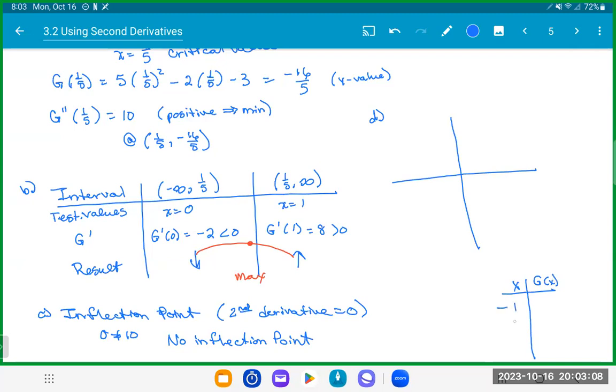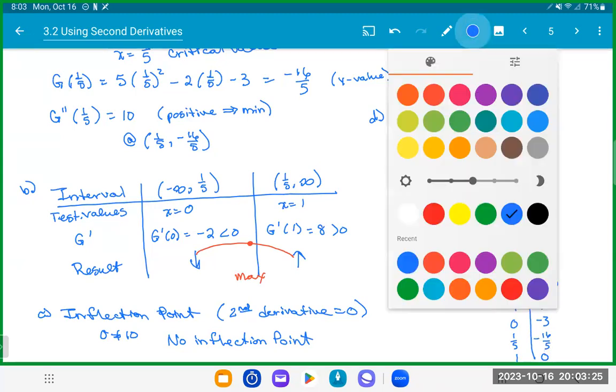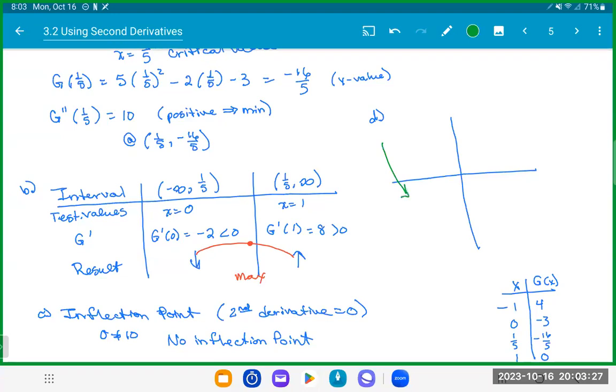We can do -1, 0, 1/5, and 1. When we do that, we have 4, -3, -16/5, and 0. So we do know that we are decreasing and then increasing, so when we plot these, they should fall in line with that.